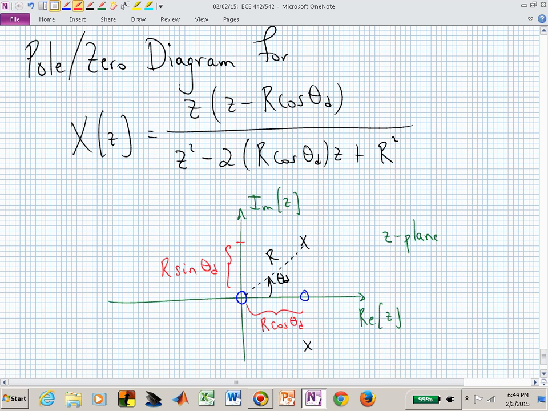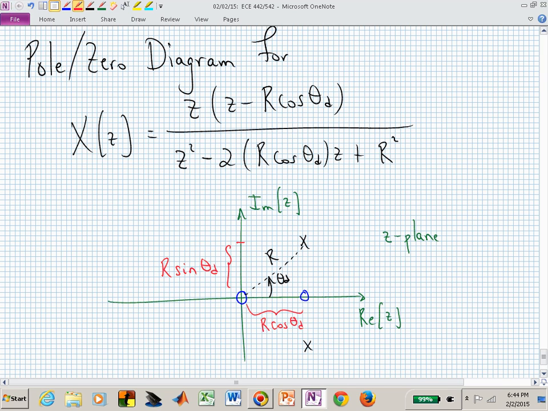in the complex z-plane. You can go home tonight and find the roots of that denominator using what? MATLAB. What are you going to do for r and theta sub d unless you have the symbolic toolbox in MATLAB? You'd have to find specific values. I'm claiming that you can do this for variables r and theta sub d.